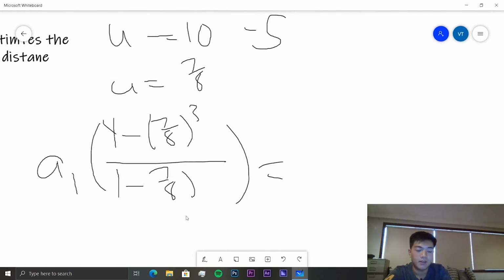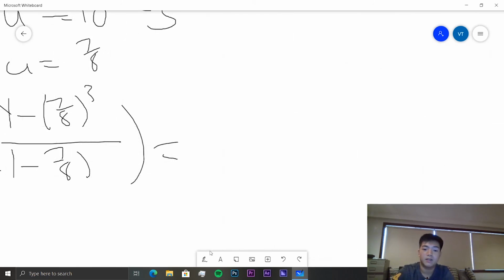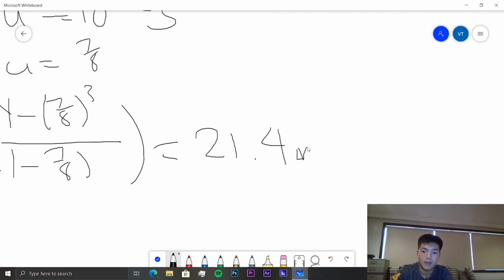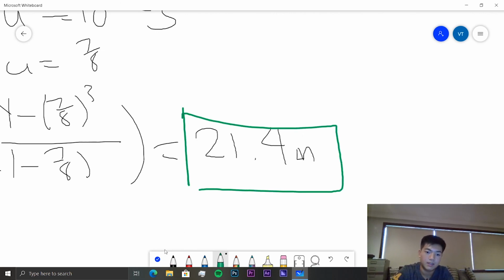So we have 1 minus 7/8 cubed divided by 1 minus 7/8 times 10 minus 5. So I got that it traveled 21.4 meters after the first 3 bounces.